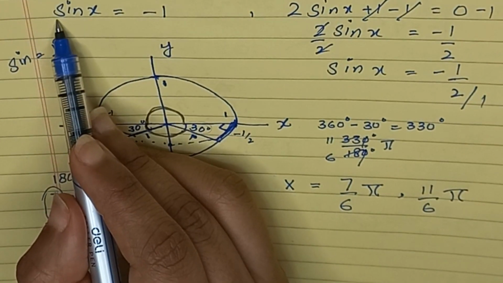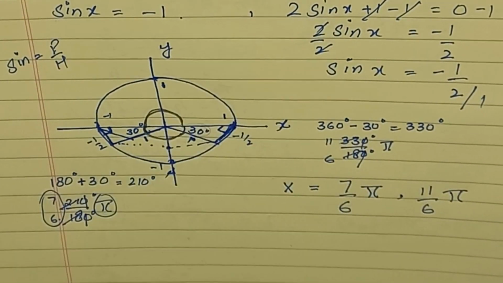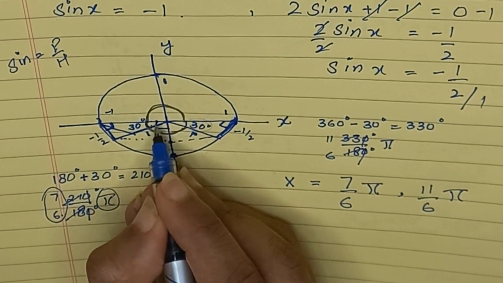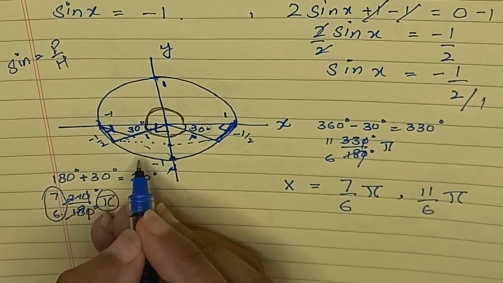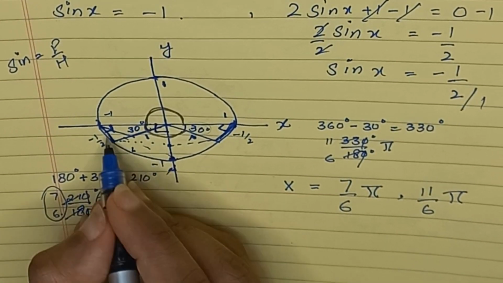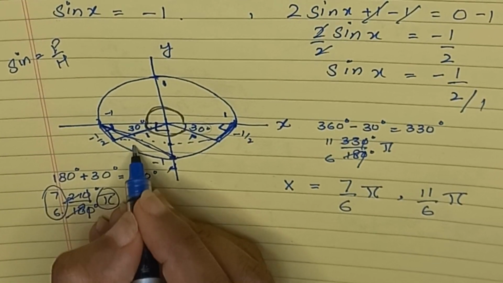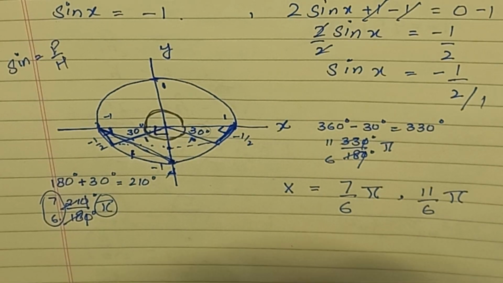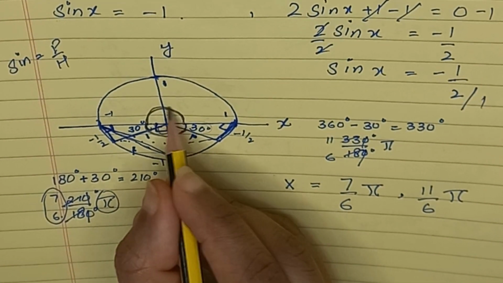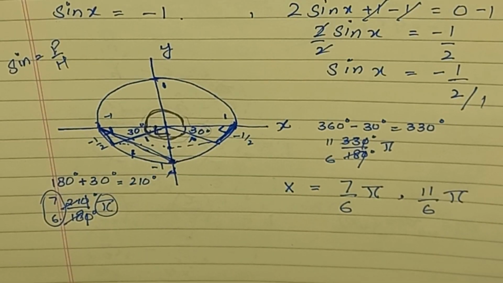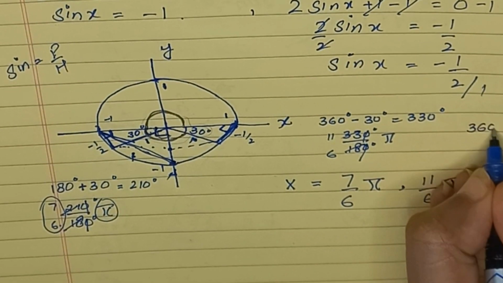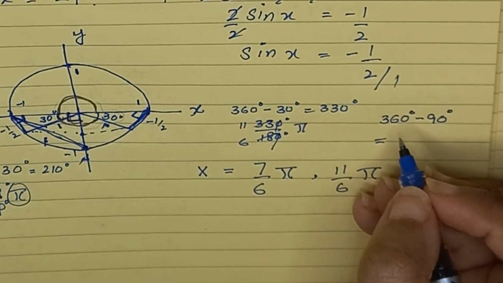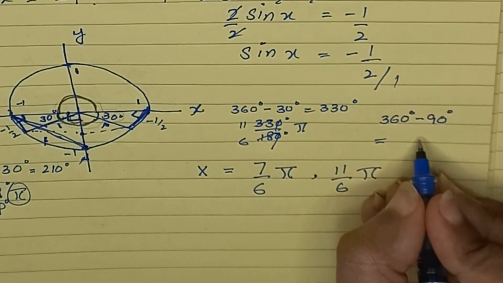Now from here sine x is equal to minus 1, we will get negative 1 here, so it makes the perpendicular and its hypotenuse is 1, so the angle is 90 degrees. From 360 degrees minus 90 degrees, we get 270 degrees.